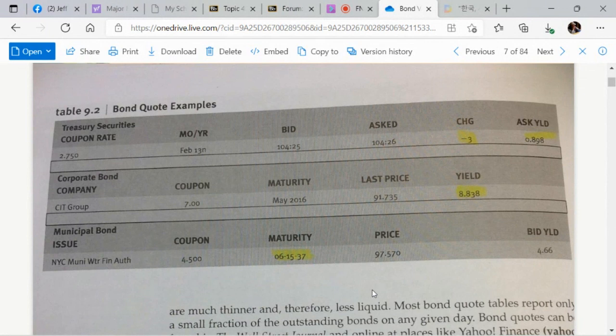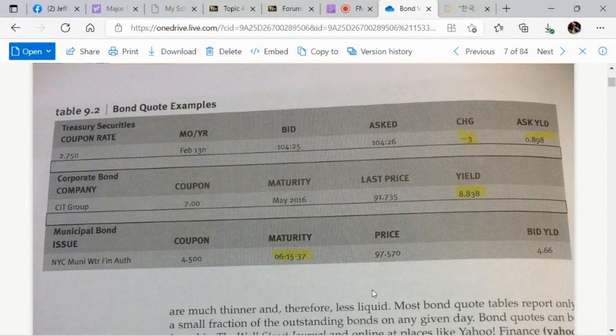Why? Because if it is a percentage, what is that colon? I mean, if it is 104.25%, shouldn't there be a decimal point? The ask price is 104.26%, but if so, there must be a decimal point. Instead of a decimal point, you see a colon.